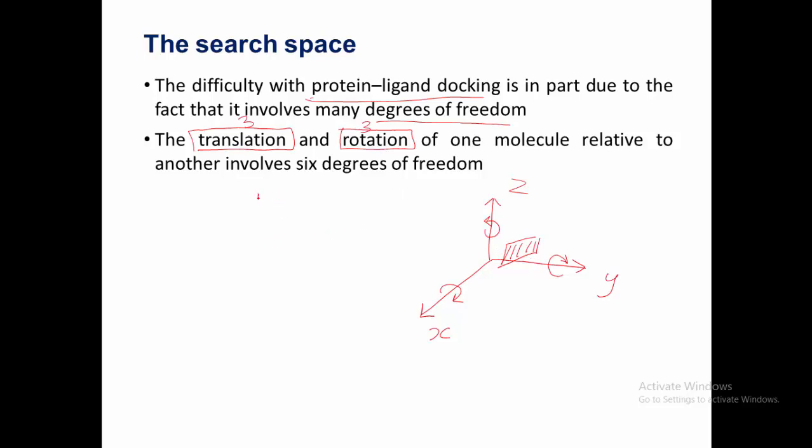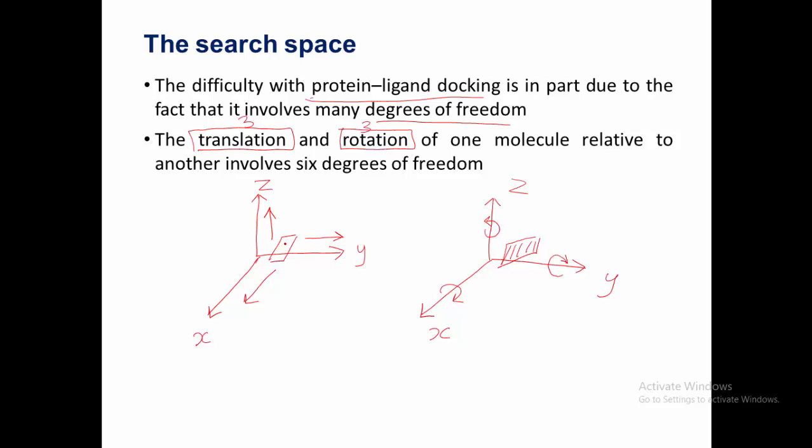Translation is different from rotation. Translation is the movement along the axis, not the rotation. For example, if this is my compound here, it can move along the x-axis or y-axis just by sliding the compound.